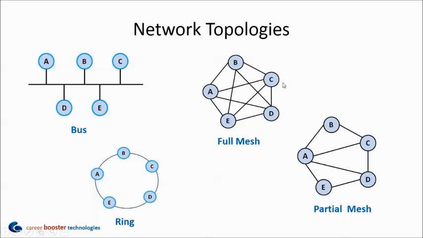A is connected to B, C, D, E directly. But in case any of them fail, they have an alternate path. So let's take an example of A and B. You are connected to B directly, you are connected to B via C, you can connect to B via D and via E. And then also further combinations, like A, E, D, B, or A, D, C, B, or A, E, D, C, B.